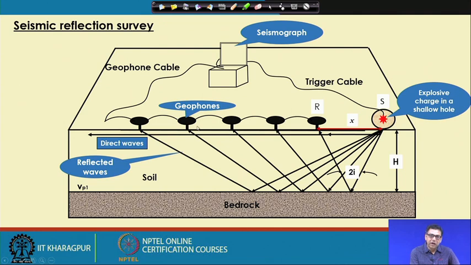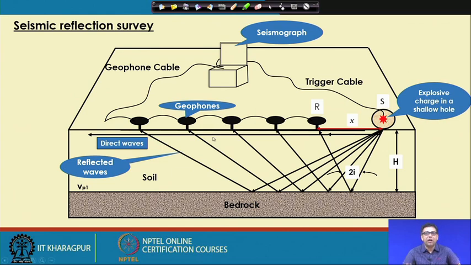These receivers are placed on the surface, and the source is also on the surface. How are these waves received by the receivers? It is received by the reflection of the ray from the interface between different soil layers. Because we have two different soil layers, the ray will reflect from this interface, and we measure the time at which the reflected rays are received by the geophone after being generated from the source.